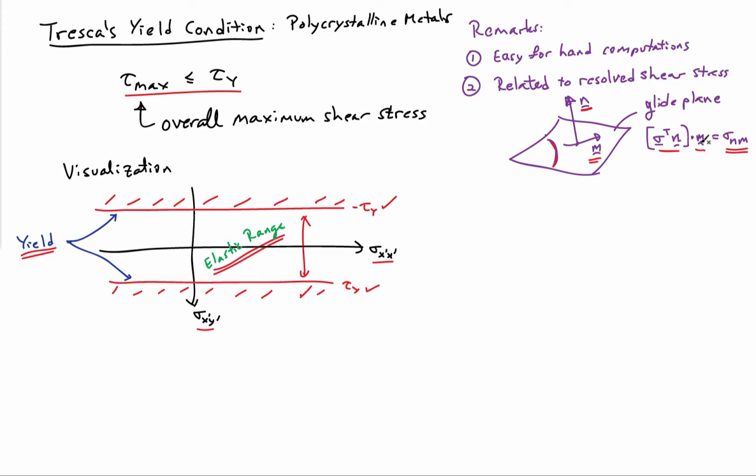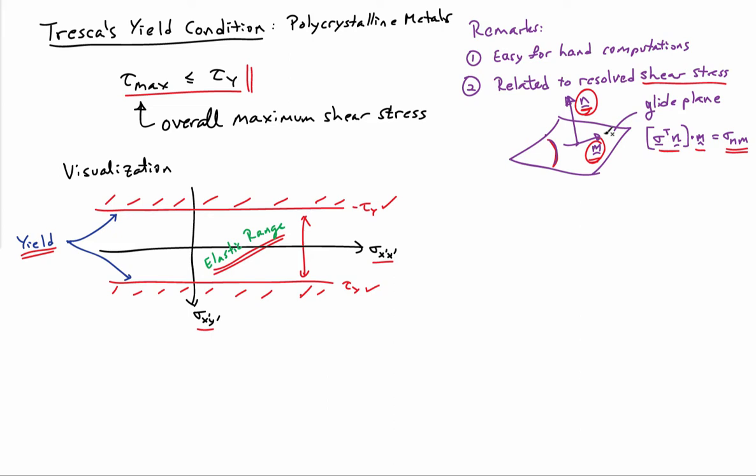And what Tresca's yield criteria is doing is saying that we're going to look at the resolved shear stress over all possible planes, so all values of n and all possible directions of glide m. So that's the connection to the resolved shear stress notion.